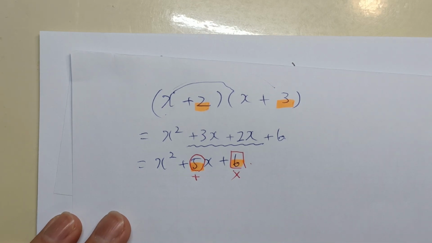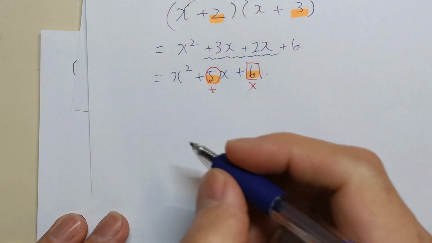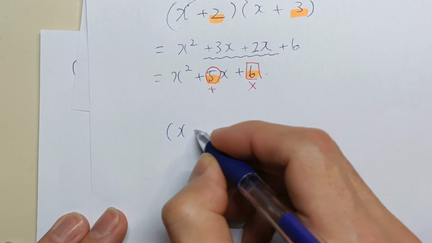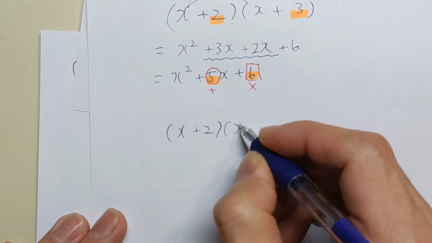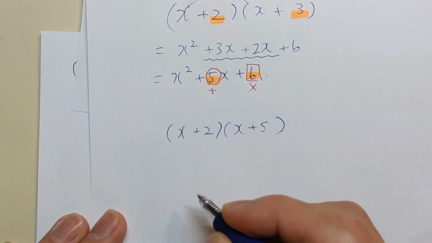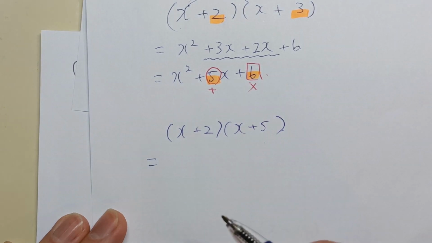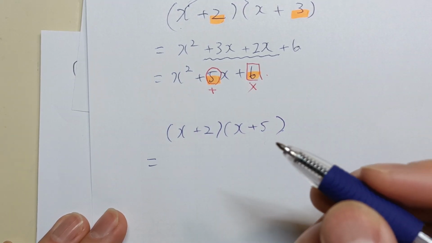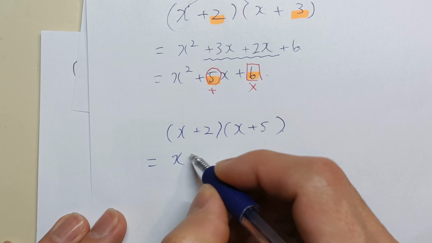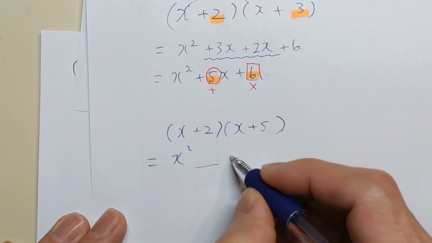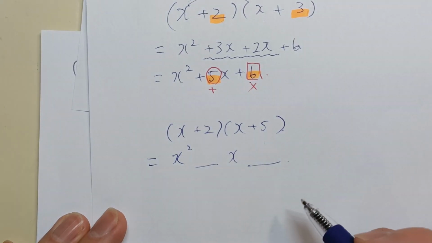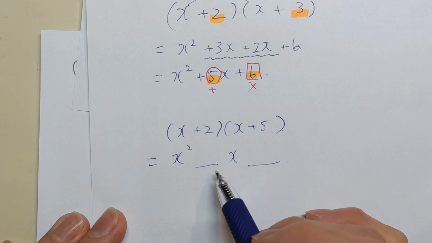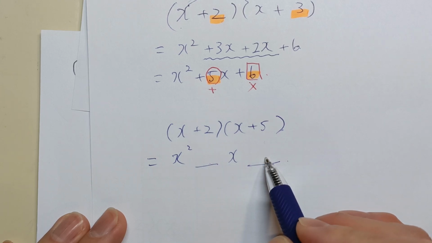So I always recommend the student to do like this: x plus 2, for example, x plus 5. Then I make them to write the template x squared and then something x something. So we are looking at the number which fits in here and here.